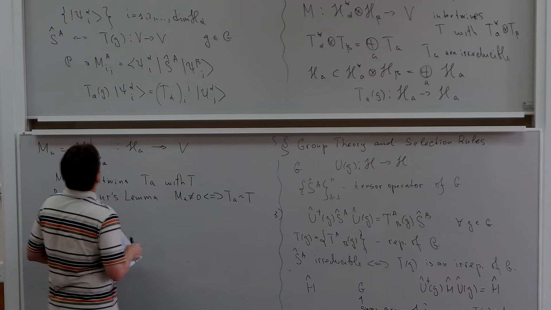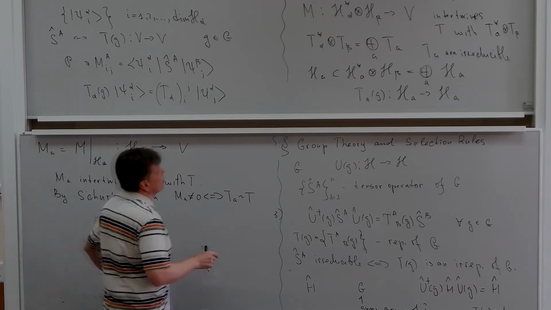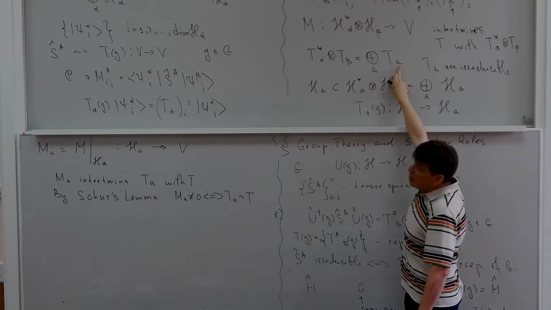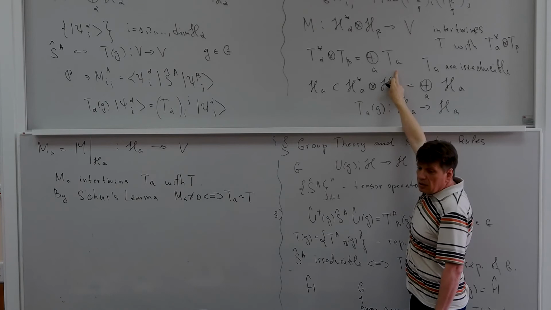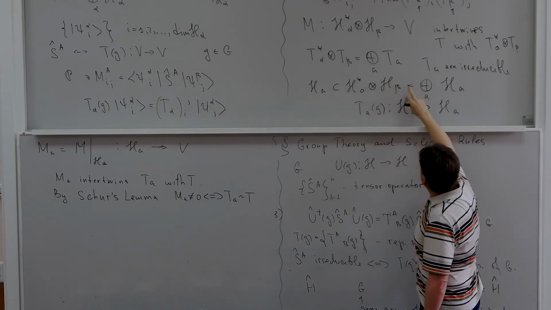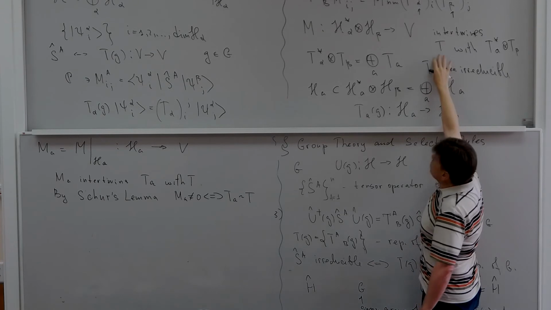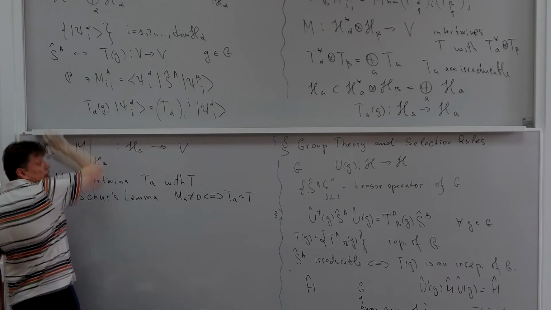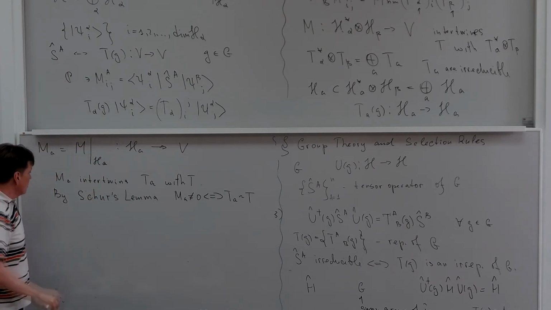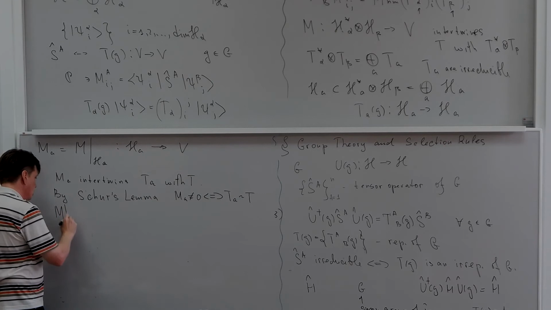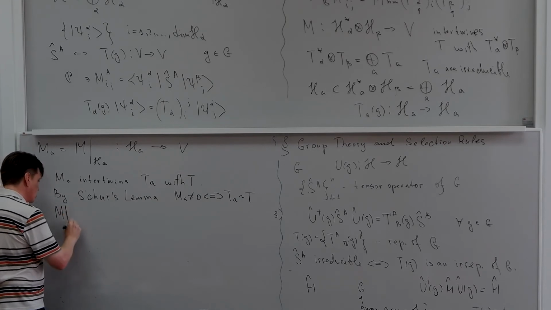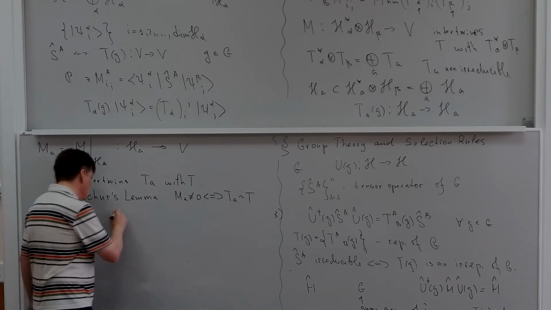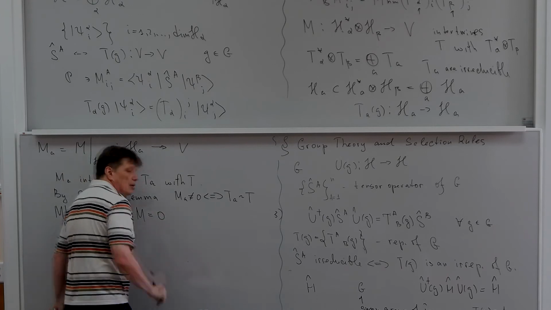But let us suppose now that none of the irreducible representations T i in this direct sum expansion is equivalent to our representation T associated to the irreducible operator S. Then each restriction is equal to 0, and this means that the operator M is 0 too.